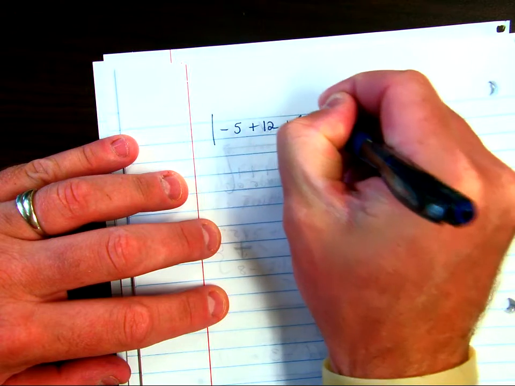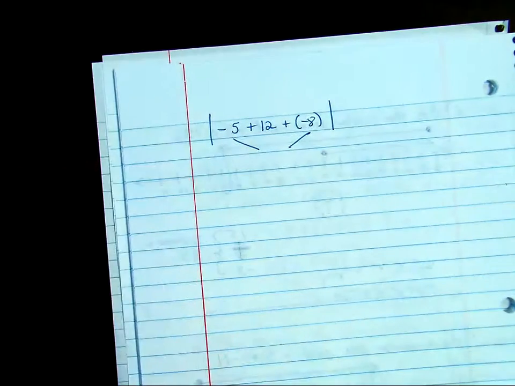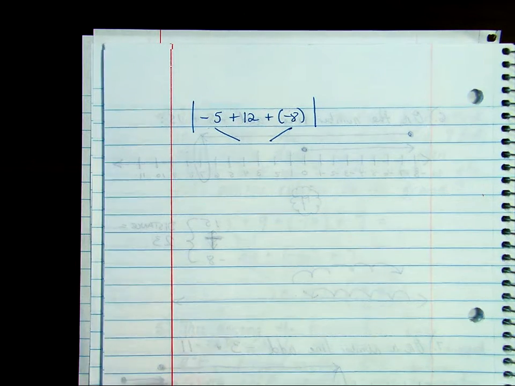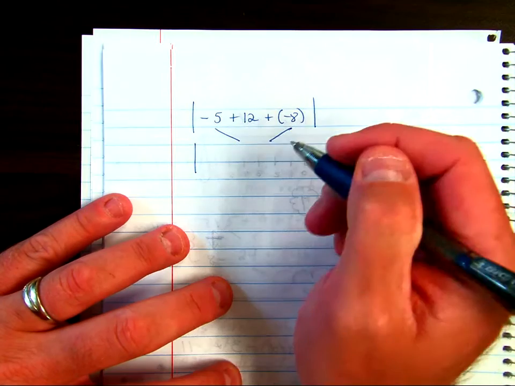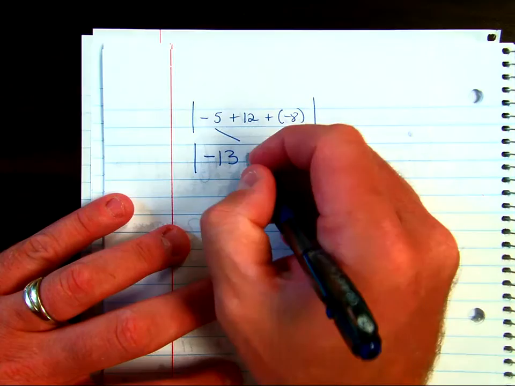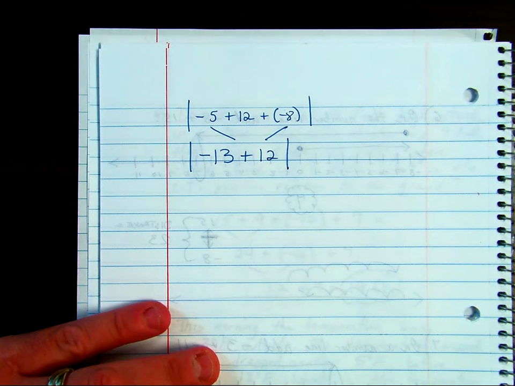I combine the negatives because I'm going to add those. If I have 5 negatives and 8 negatives, how much do I have altogether? 13 negatives. And now I have negative 13 plus 12.